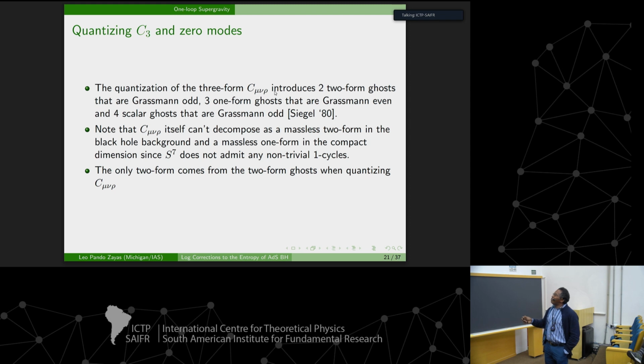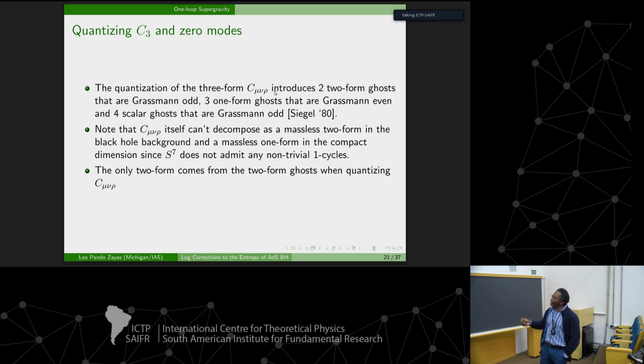So here's the summary. For the 3-form, I need to introduce two 2-form ghosts that are Grassmann odd, and then three 1-form ghosts that are Grassmann even, and four scalars that are Grassmann odd. That's the summary of that prescription. Now, this 3-form itself can be decomposed as a massless 2-form in the black hole. The black hole does have a 2-form zero mode, and a 1-form in the compact dimensions, S7.